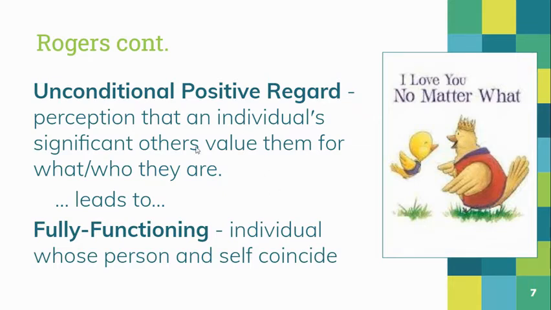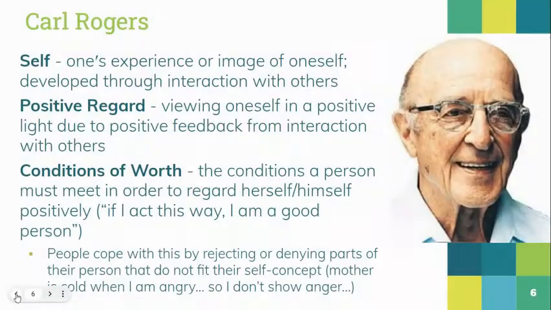And in that kind of an environment, it can lead to what Rogers would call a fully functioning person. So that's an individual whose person and self collide. So their actual self and their self-concept, the way they think of themselves, are very similar. So that's what we're going for. So Rogers is working with patients who are having dysfunctional family situations, problems in terms of how they perceive themselves.